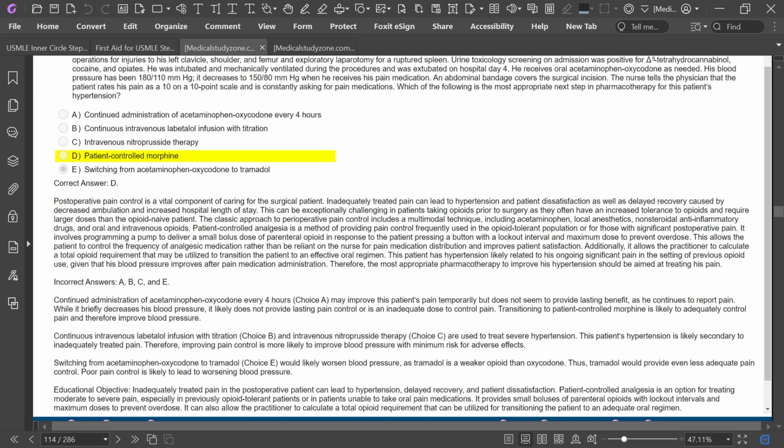Additionally, it allows the practitioner to calculate a total opioid requirement that may be utilized to transition the patient to an effective oral regimen. This patient has hypertension likely related to his ongoing significant pain in the setting of previous opioid use. Given that his blood pressure improves after pain medication administration, the most appropriate pharmacotherapy to improve hypertension should be aimed at treating his pain.